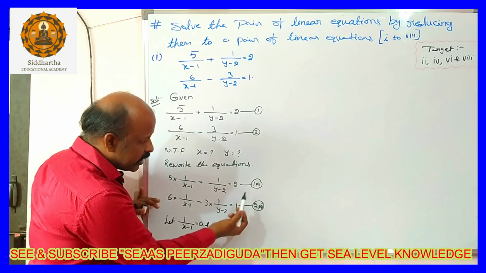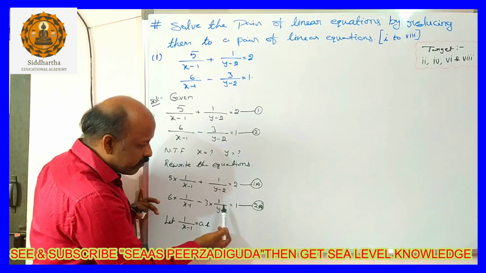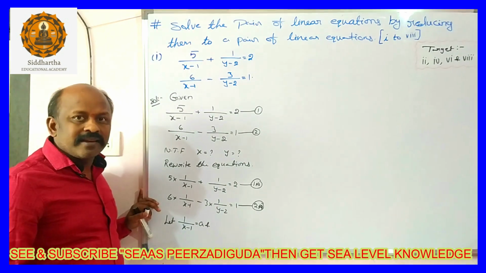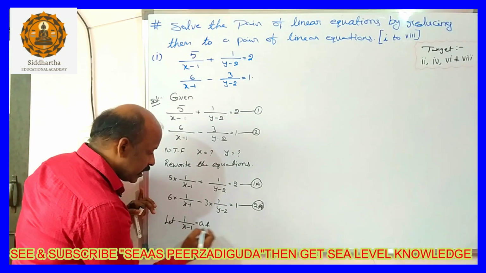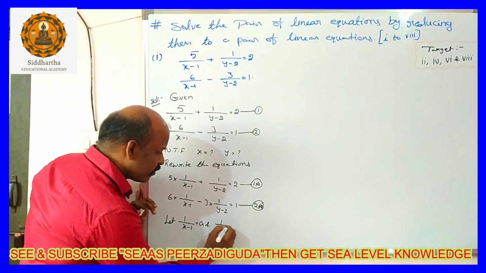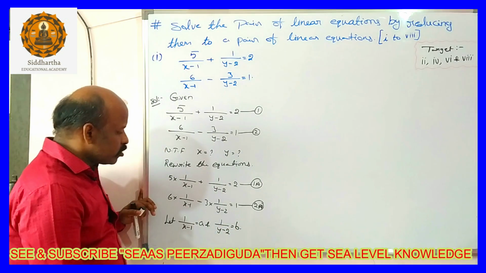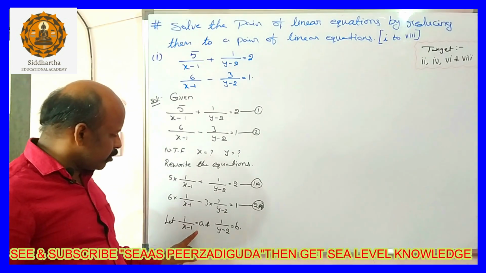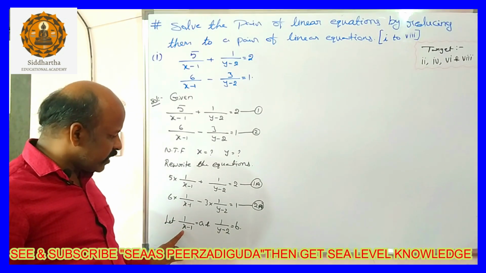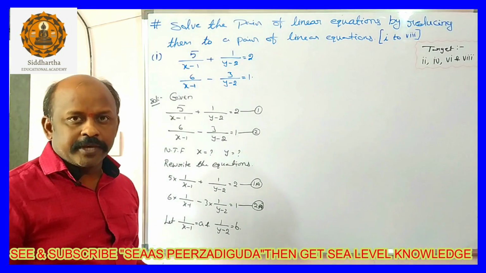Also, in equation 1a and 2a, 1 by y minus 2 is there. Here also I take a value b. Let 1 by y minus 2 be equal to b. Now I am going to substitute these values of 1 by x minus 1 and 1 by y minus 2 in equations 1a and 2a.